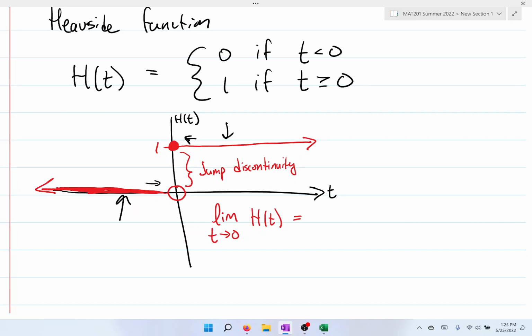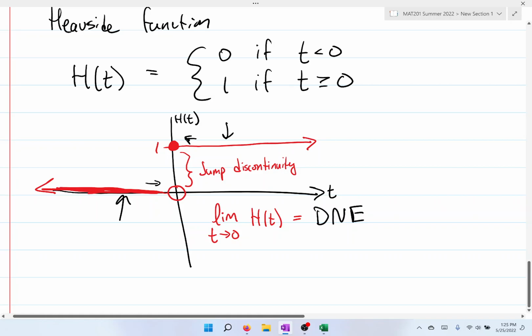And you're going to notice that your fingers will never ever touch. And since your fingers never ever touch, what we can say is that the limit as t approaches 0 of the Heaviside function does not exist. And it's because you are not approaching the same output.